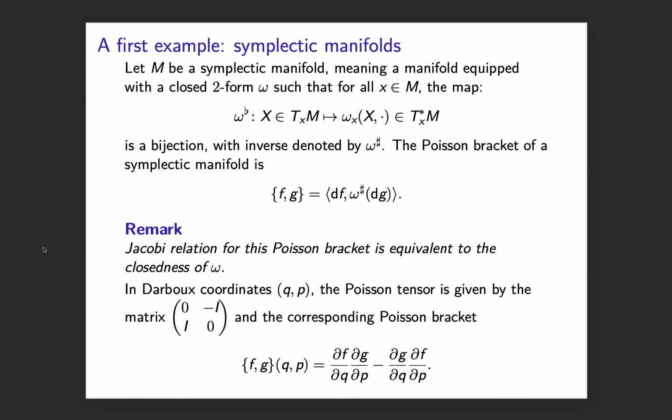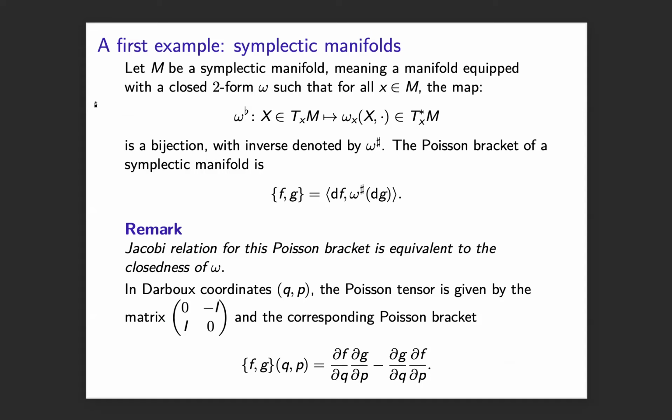So let us give some examples. We will see some examples that will follow us all along this lecture. The first example of Poisson manifolds, probably the most important example, is the example of symplectic manifolds. Symplectic manifolds are, for us, smooth manifolds equipped with a closed two-form omega.